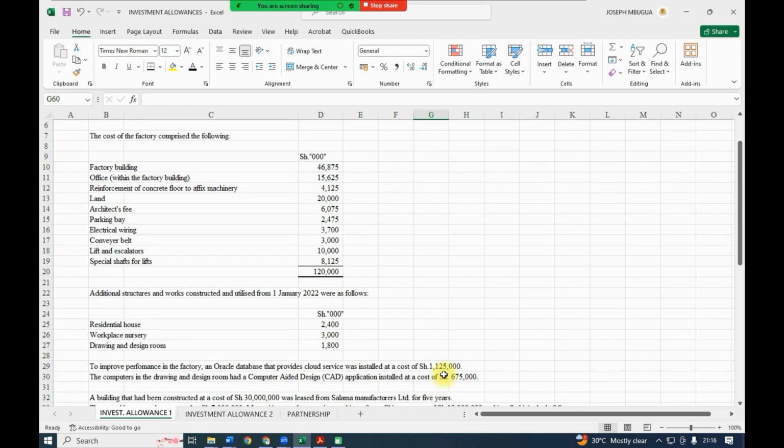The only thing, let me just confirm for you the electrical wiring, whether wiring qualifies for ID. Just a minute.